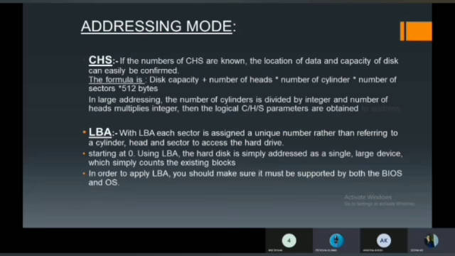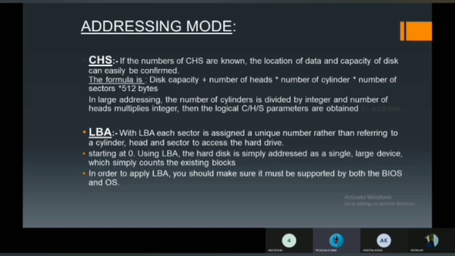Next is addressing mode. Let's see the addressing mode of CHS. CHS is a process of identifying individual sectors on a disk by their position in a track, where the track is determined by head and cylinder numbers. Once the numbers of cylinders, heads and sectors are known, the location of data and the capacity of the disk can easily be confirmed.